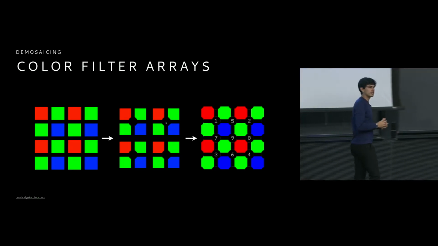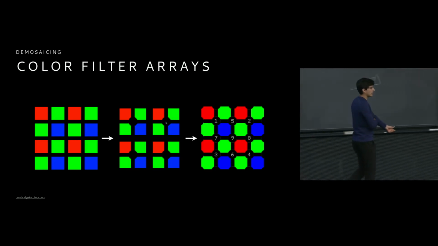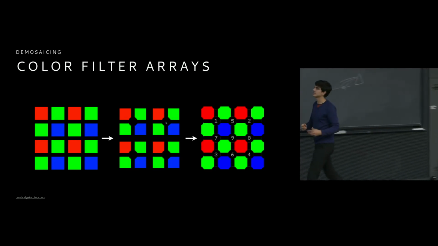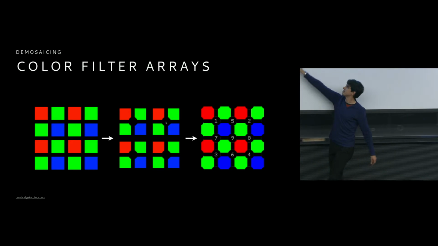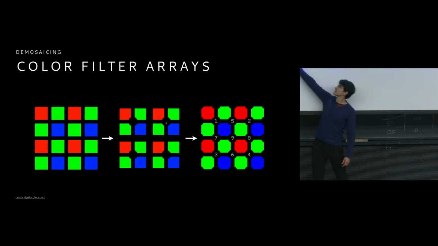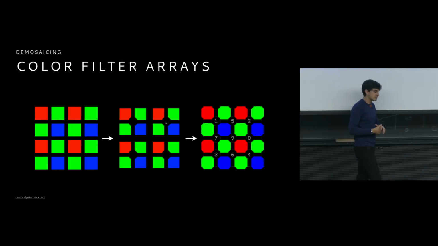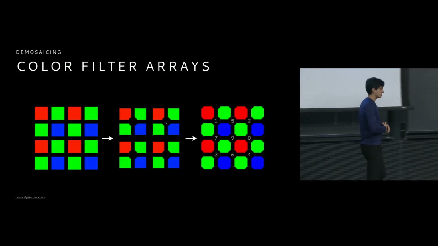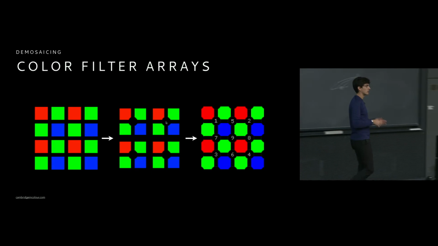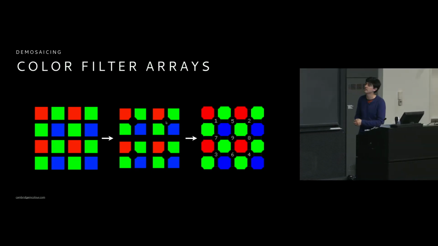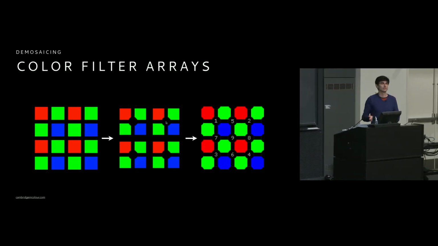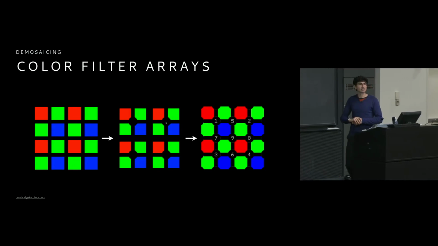Now, if we were using some sort of algorithm to try to figure out what color actually exists between these two pixels, you can imagine that there might be some issues with this. In fact, this is precisely one of the issues that occurs because of this color filter array. And it doesn't matter that it's Bayer versus some other exotic color filter array.